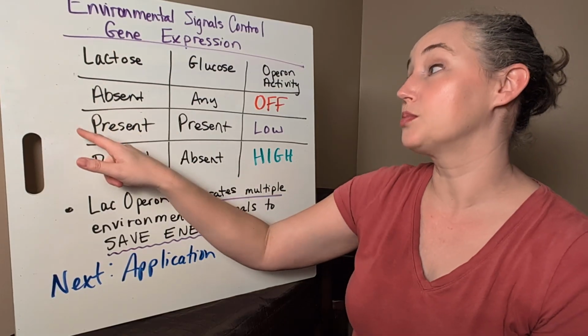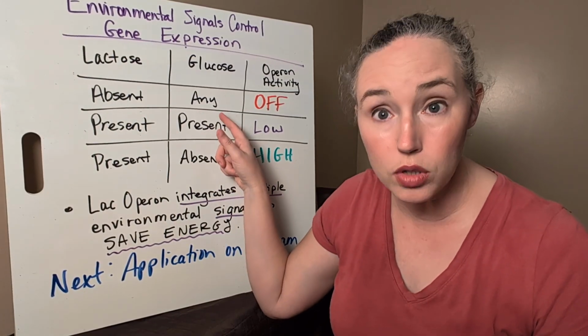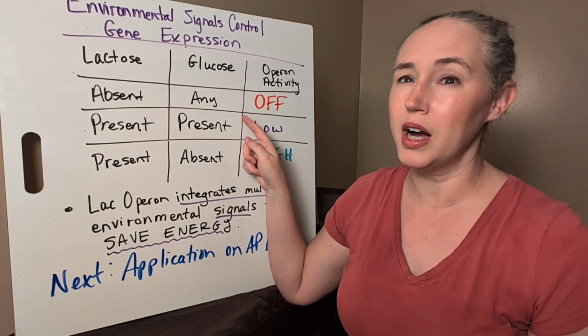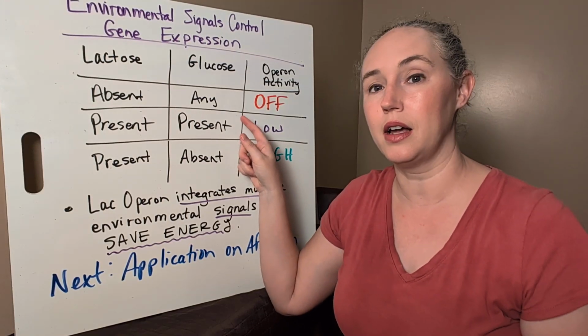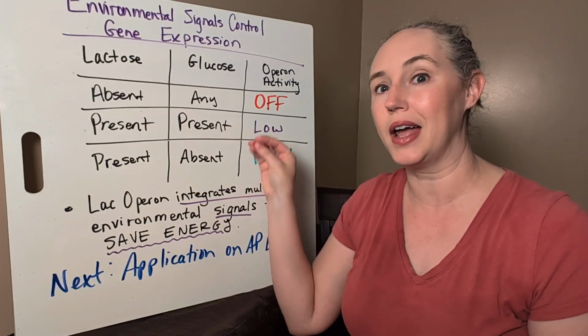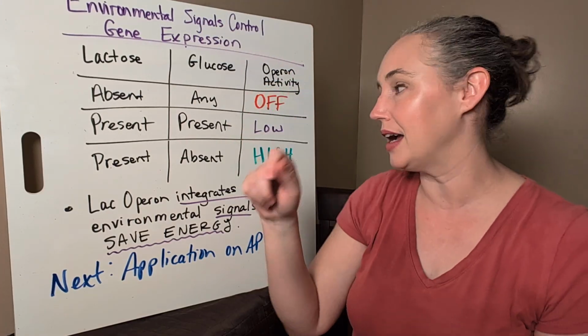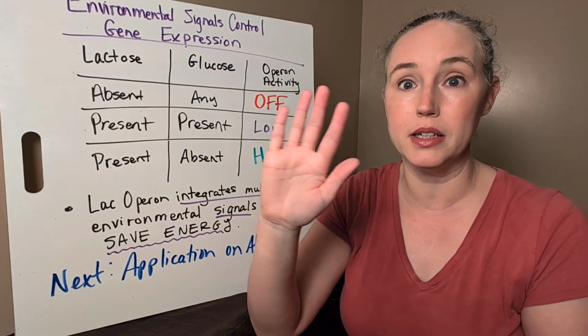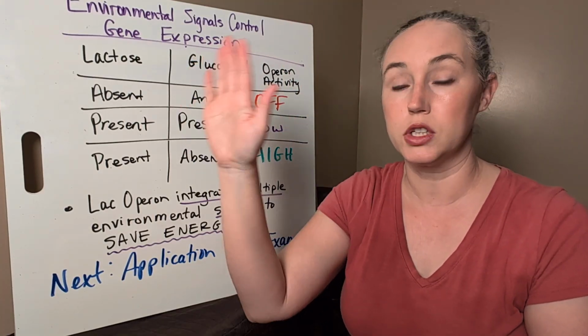If lactose is present and glucose is also present, remember, if we have glucose, then we're not going to make very much cyclic AMP, so our CAP site's not going to be waving the flag. We'll have low. So RNA polymerase will still be able to bind to the promoter.